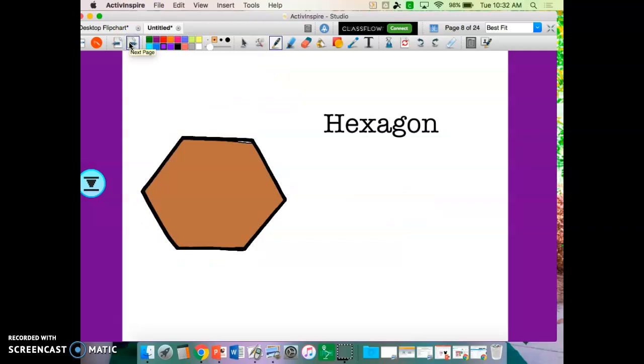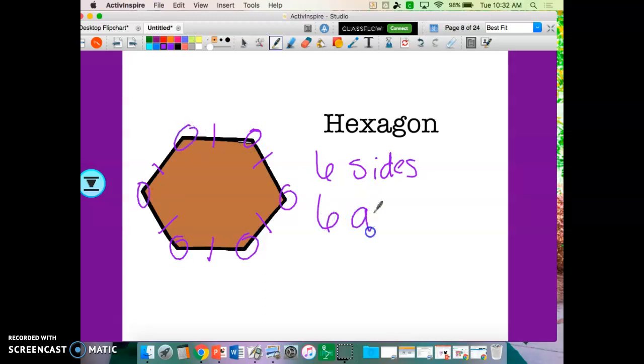Our hexagon is going to have 6 sides and 6 angles. And again, you could come up with anything that would look like it has 6 sides and 6 angles.